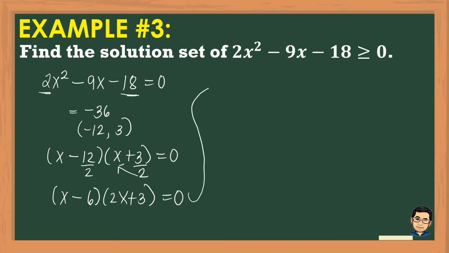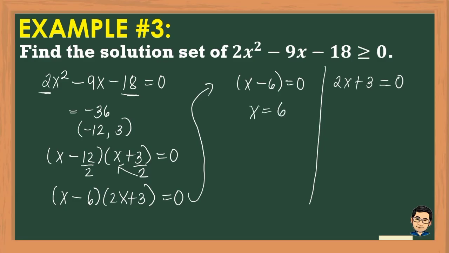Then, yung next na gagawin natin, equate natin yung bawat term sa 0. So, x minus 6 is equal to 0. We add 6 to both sides. So, x equals 6. So, ito po yung isang root natin.